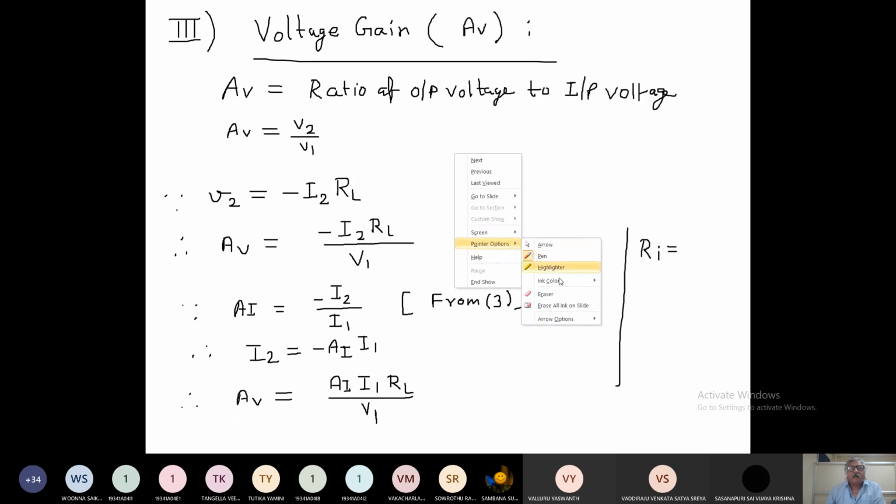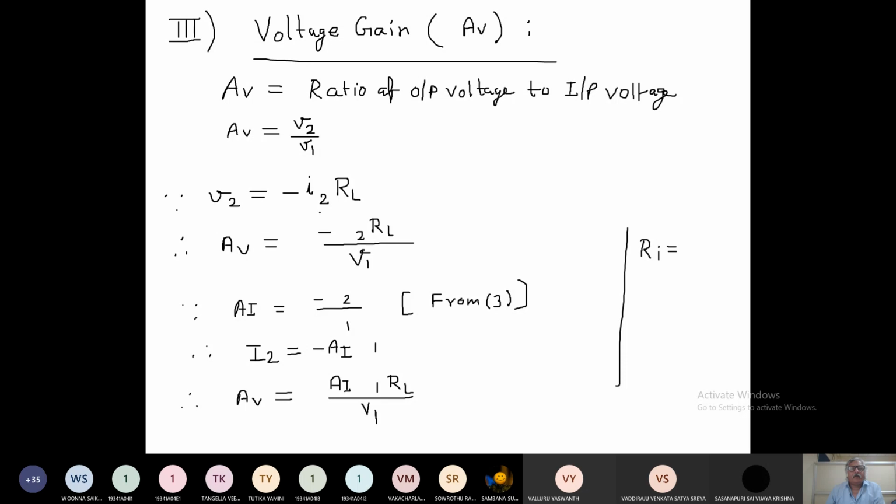Okay, here we shall use the small alphabets. This is I2 by I1. Right.